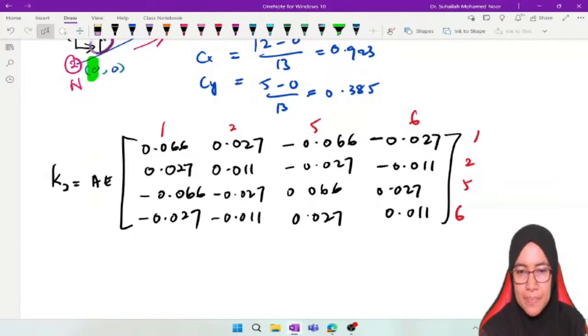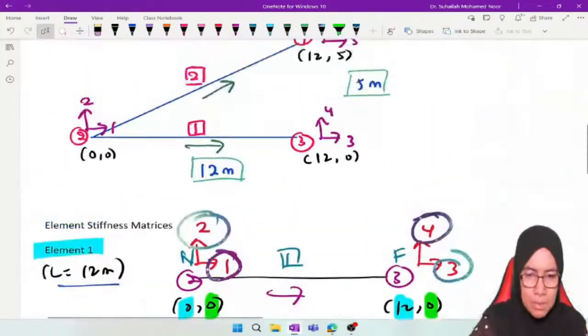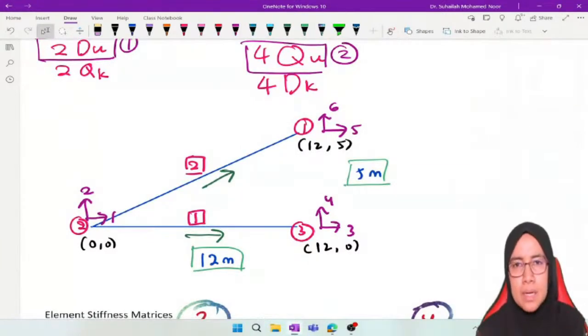We have to label this correctly because it represents the position in the structure stiffness matrix. It should be a 6 by 6 matrix because 3 times 2, total is 6. Looking back at the diagram, there are 6 positions of degree of freedom, from 1 to 6.